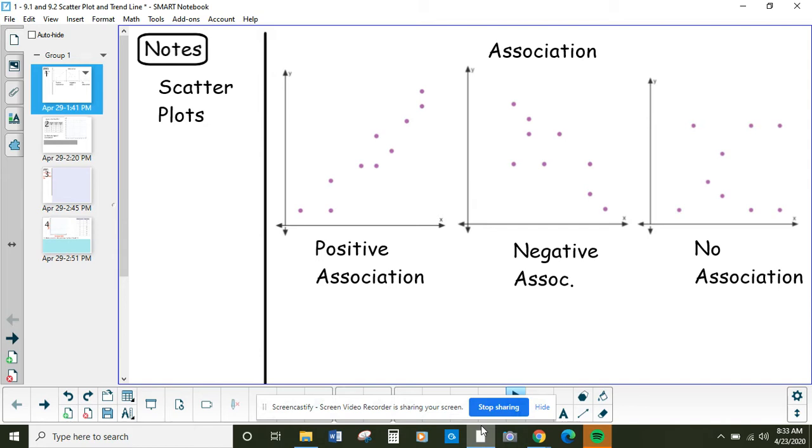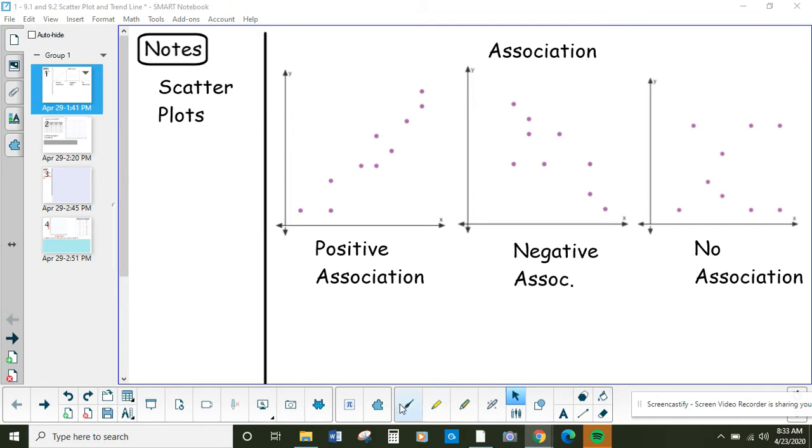But sometimes the points all show a trend. They're all kind of going up like this. That would be just like a positive slope. That's what we would call a positive association. And what that means is as our independent variable increases, let's say time, and we'll call our dependent variable, we'll just say it's money this time.